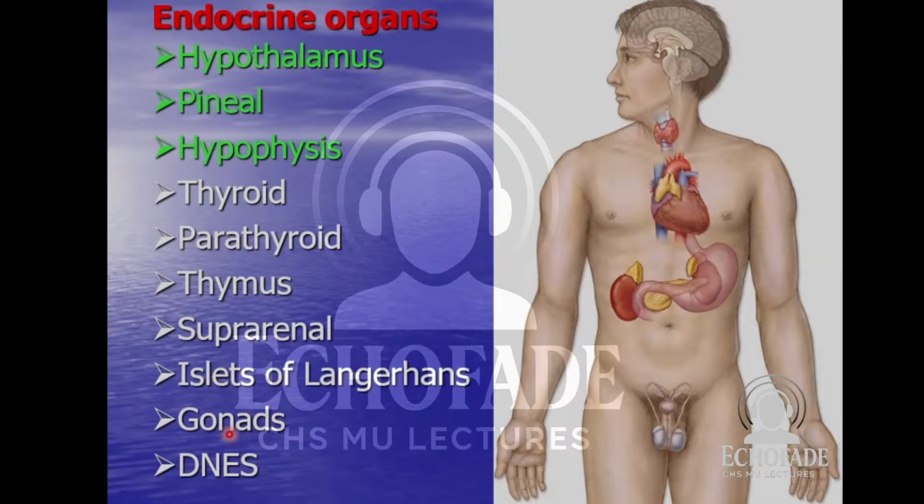They secrete hormones, but as either individual cells or groups of cells. Where there are groups of cells, we can call them neuroendocrine bodies. We use the word neuro because these originate from the neural crest cells. So these are the organs we are going to look at in terms of their structure.